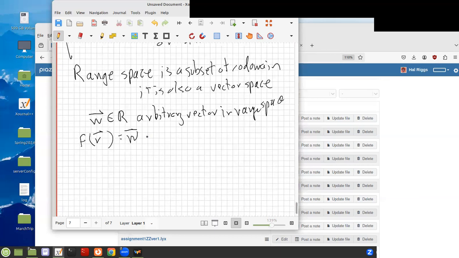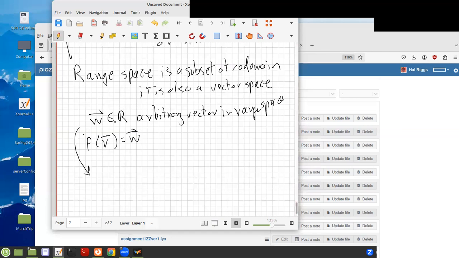Okay, well, we know it's a subset of the codomain, but how do we know it's a vector space? It's true that if I choose an arbitrary vector in the range space, there's a V such that f of V equals W, but that's not quite the first point to make.